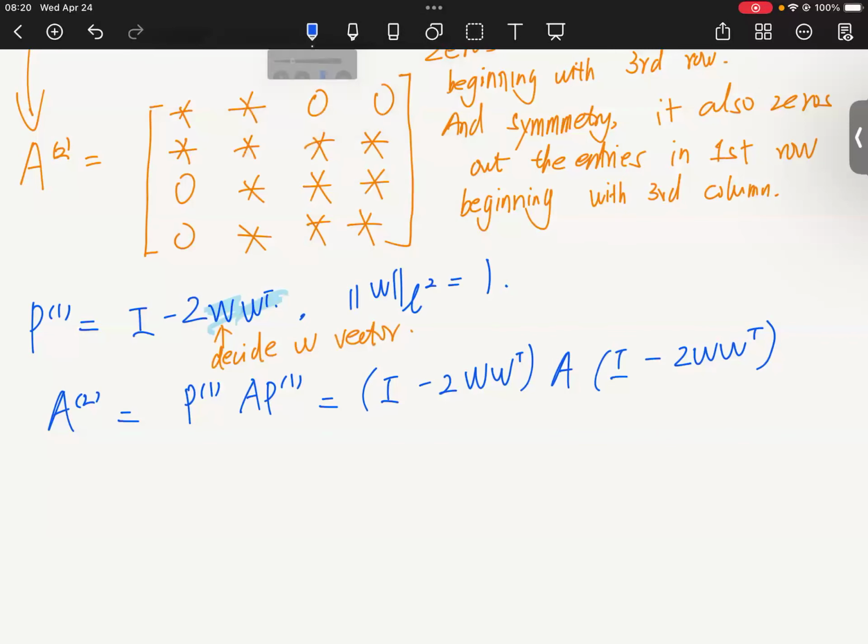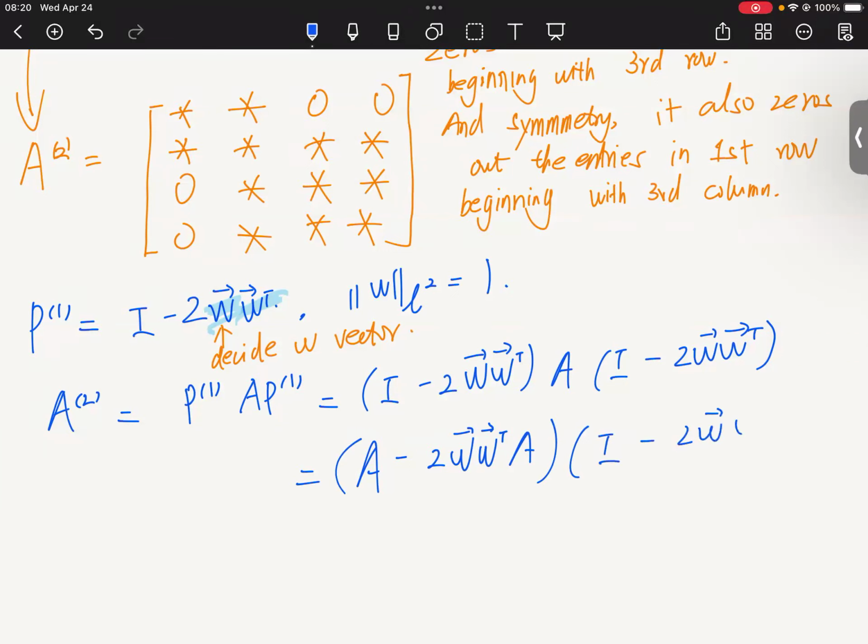We have the first one, it should be the I. Let me just do the multiplication from the left first. Then I get A minus 2 W W transpose A, and the next term is times I minus 2 W W transpose.